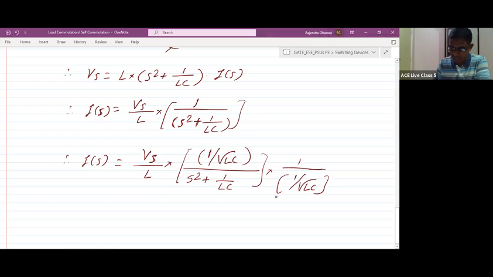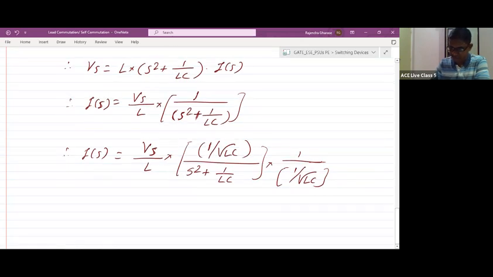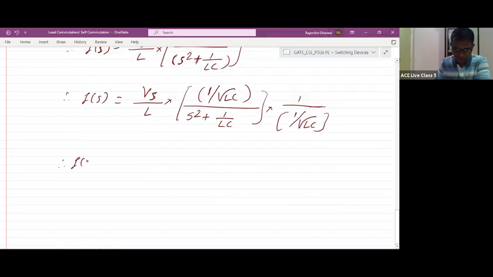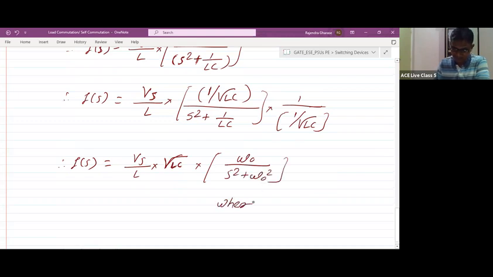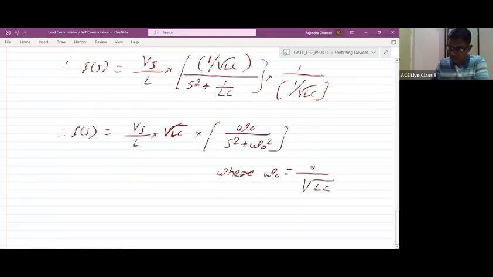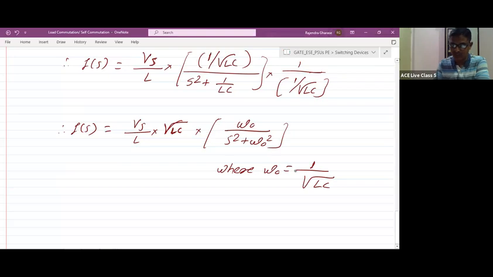If we cancel out this 1 by root LC, we will get this term again. So we can write I of s is equal to VS upon L into 1 by root LC, which means into root LC into omega 0 upon s square plus omega 0 square, where omega 0 is equal to 1 by root LC. I have replaced this 1 by root LC with omega 0.